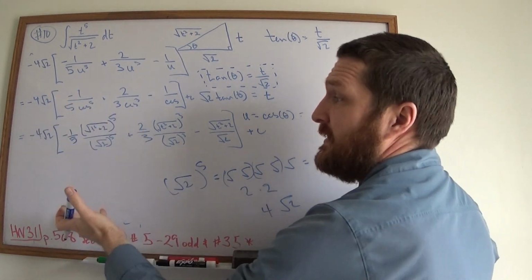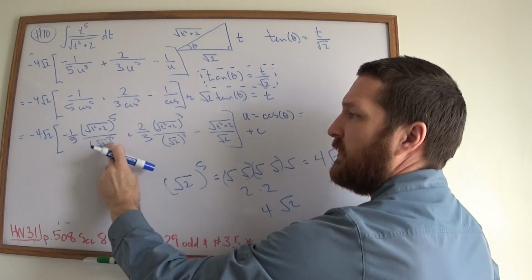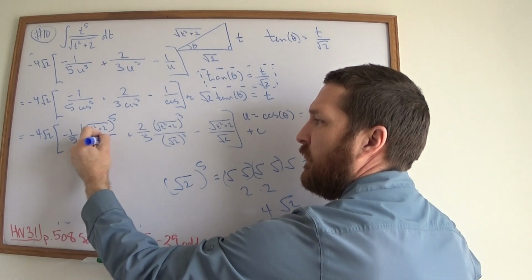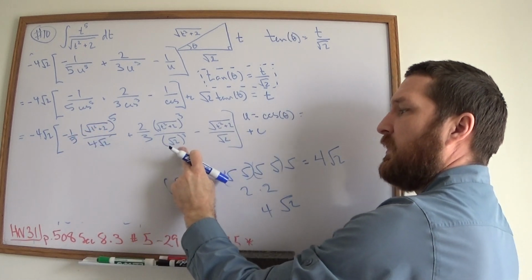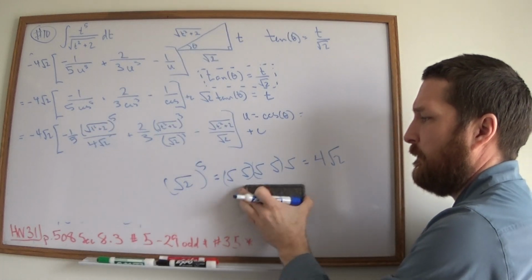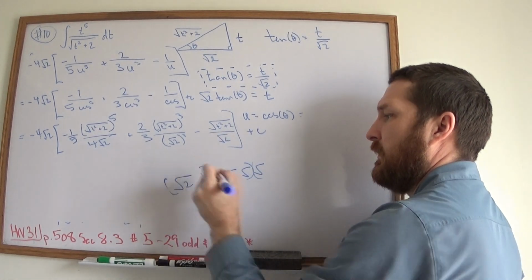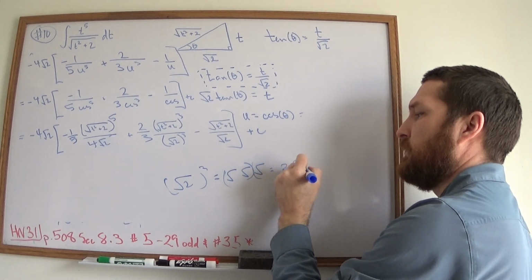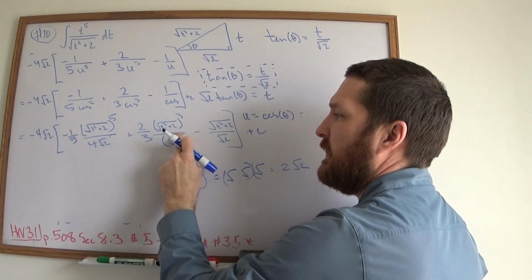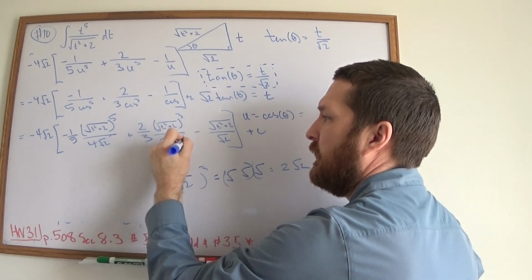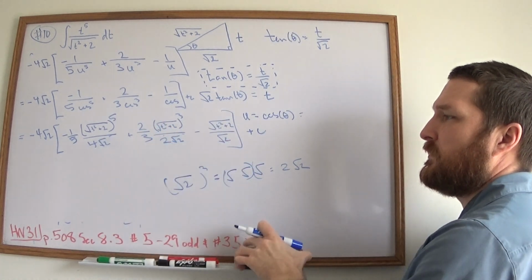Well, that's kind of nice, right? That 4 and that root 2. So I'm just going to rewrite this. This is the same thing as 4 root 2. If it were 3 of them, that's the same thing as 2 root 2. So I'm going to rewrite this as 2 root 2. And then we just have a root 2 there.